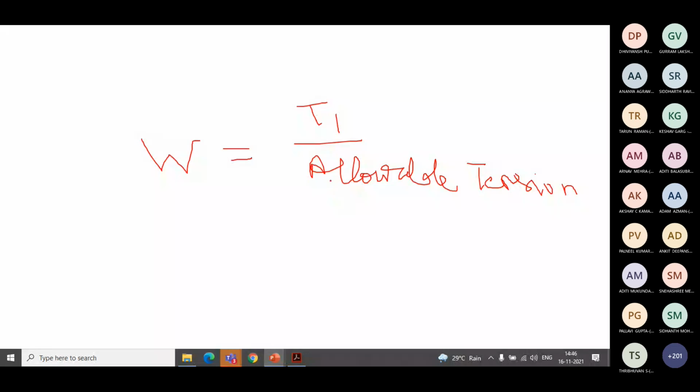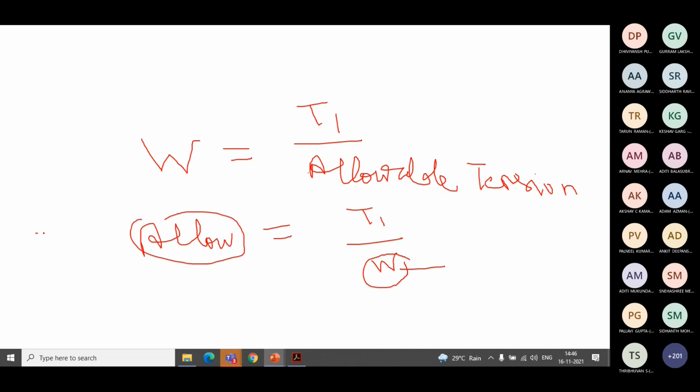If you substitute some value and calculate this allowable tension, the tension value will be equal to T1 by this width. So if you have a lesser width, lesser than 13.2, this value will increase. Whatever tension you get, it will be greater than allowable.